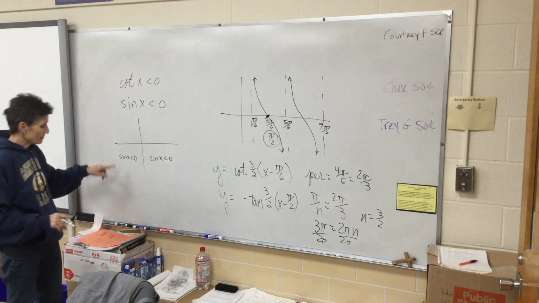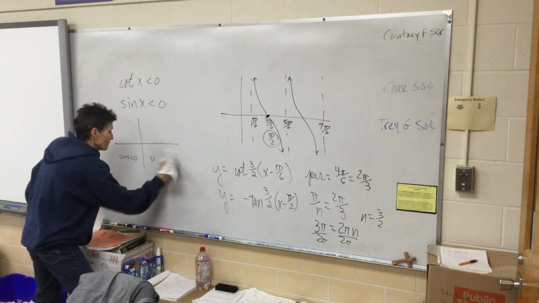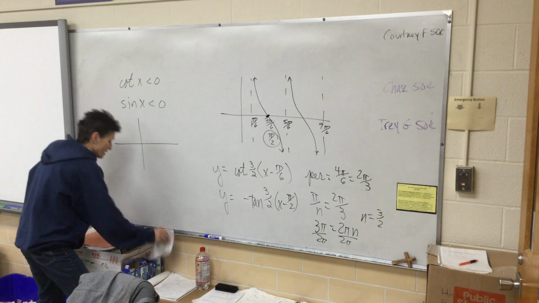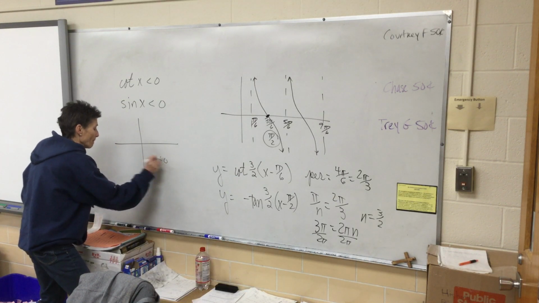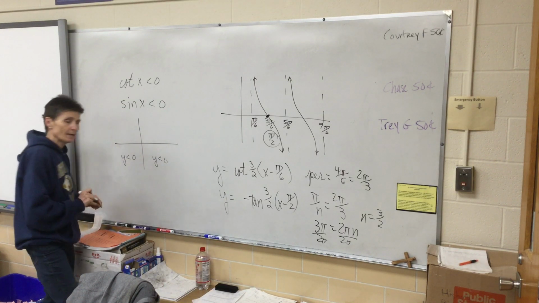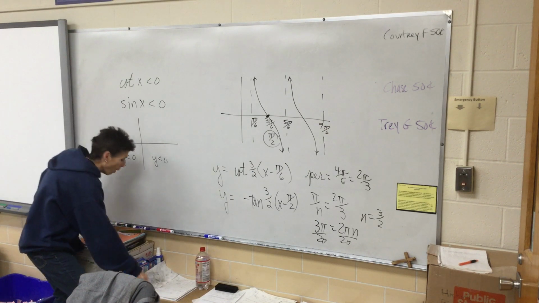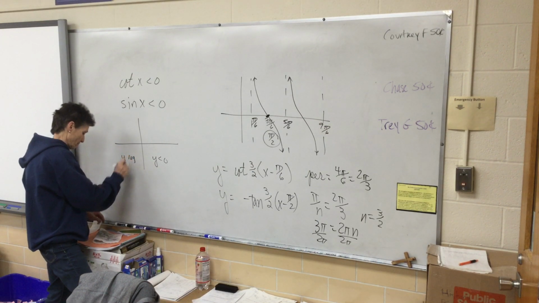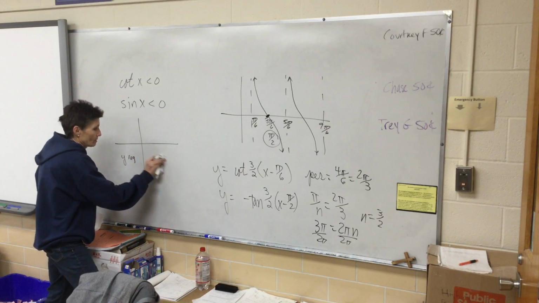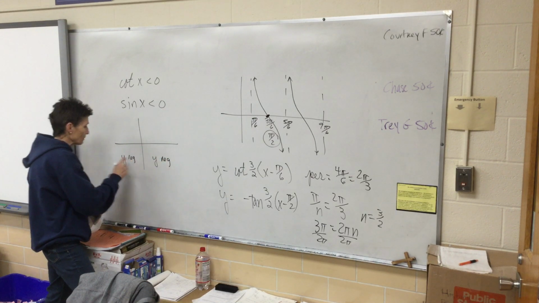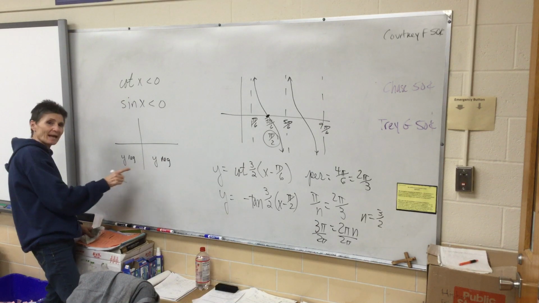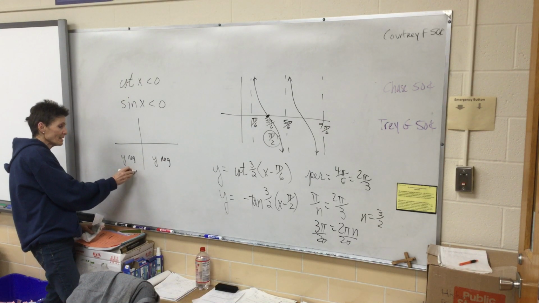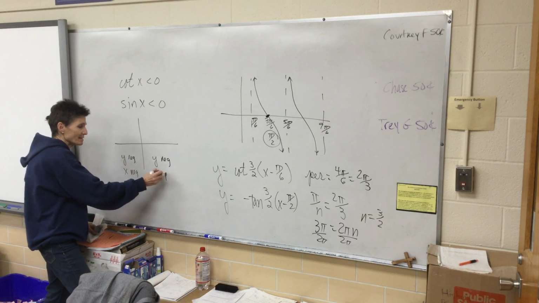Now, in this quadrant, maybe I'll write it that way. I'll say y is negative. Okay? Now, if y is negative, down here, let's talk about what x is. X would also be negative here, and x would be positive here.